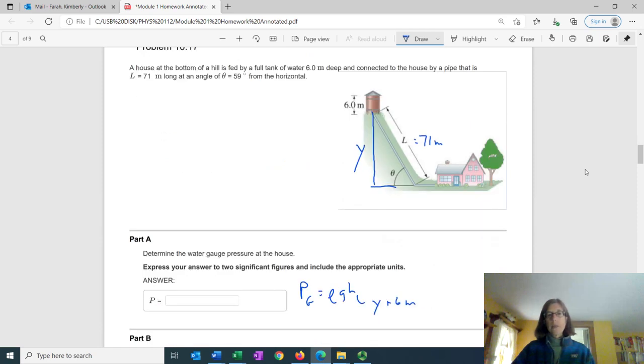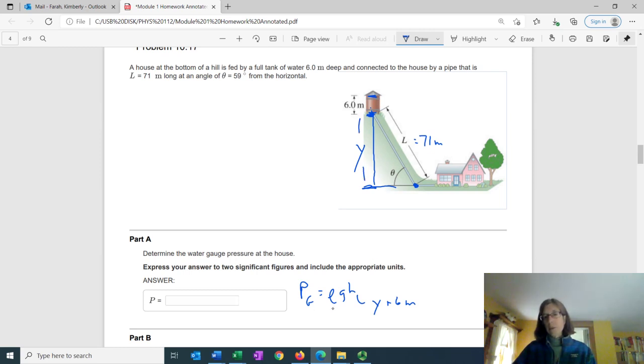Problem 1017, you've got a house at the bottom of a hill, and you're wanting to determine the water gauge pressure at the house. So there's a head of water up here, and you're wanting to determine the pressure at the bottom of the house. So the height of the water here is 6 meters, plus you've also got to take into consideration the force of the water in this vertical Y direction to determine the gauge pressure.